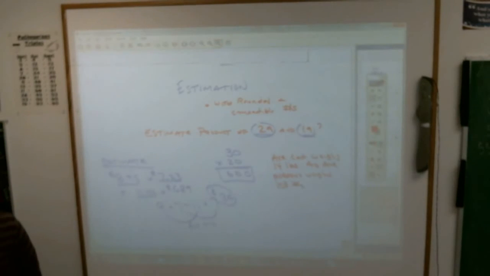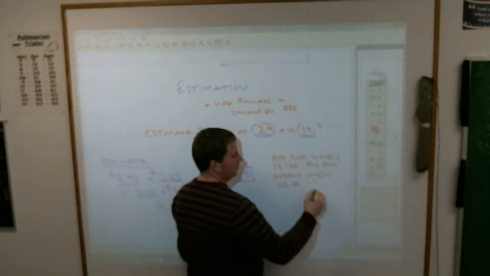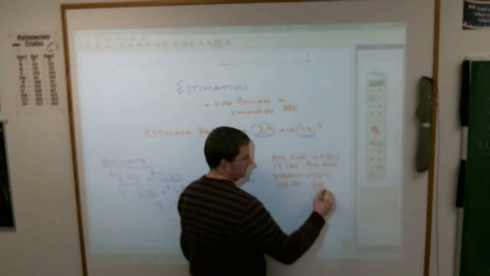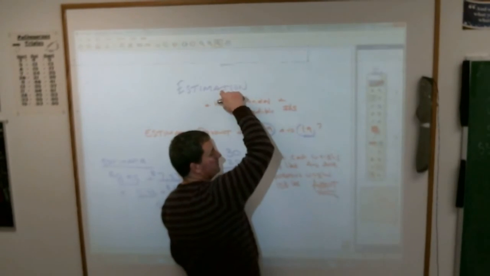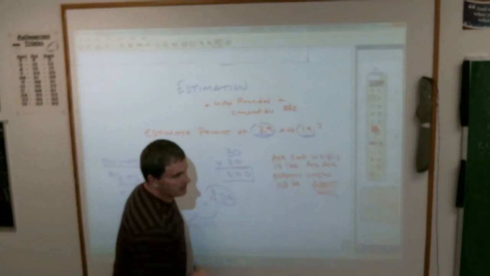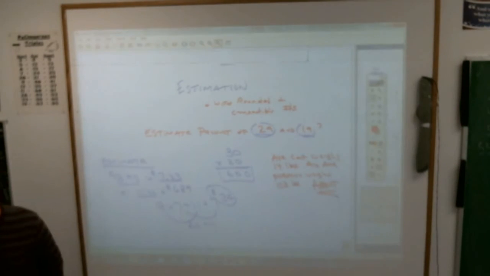Estimate about how, and here's the key, kids. Anytime the book uses that word about, which it does here, about means we want you to make it easy to do, but get reasonably close.